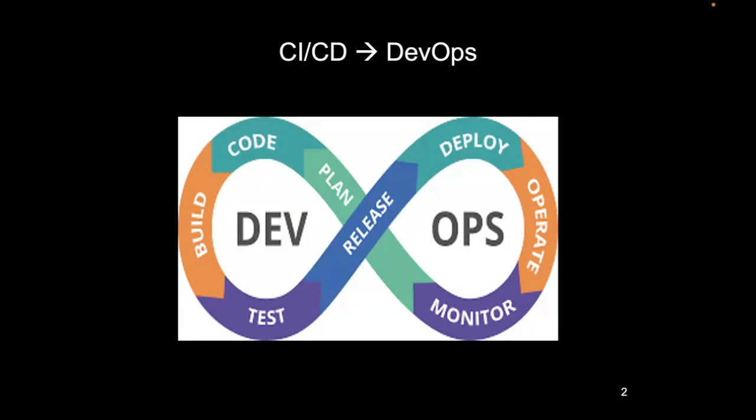So CI/CD and DevOps are both trying to get across the same message, this idea of continuously, in increments, creating our application over time. It's not all design first, then all development, then all testing. We do it in increments.